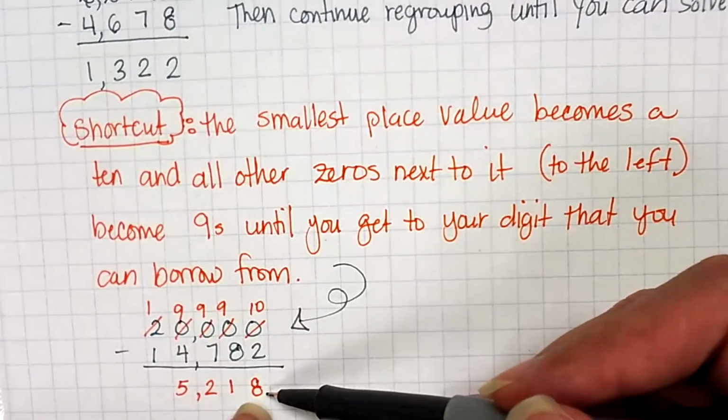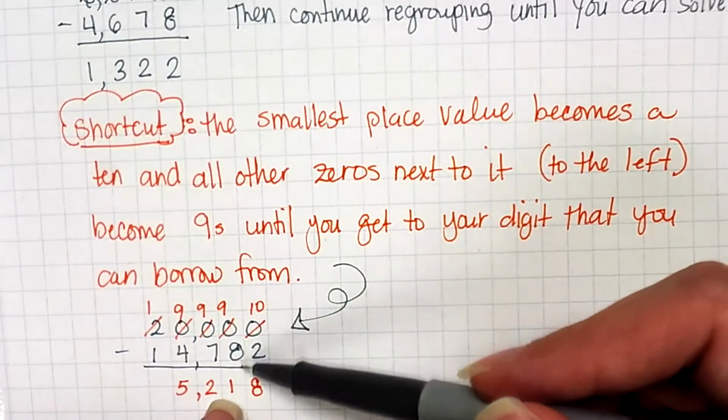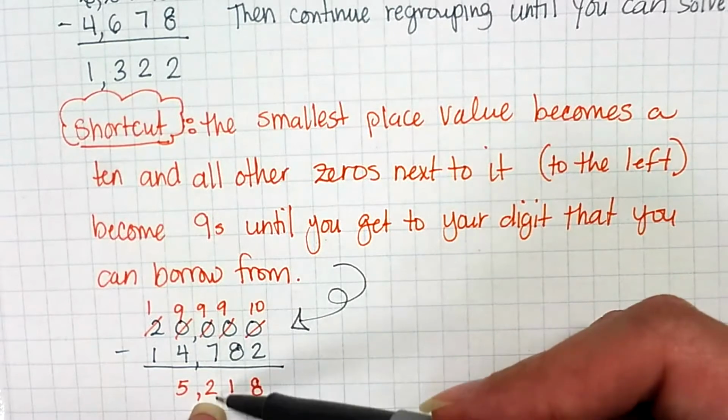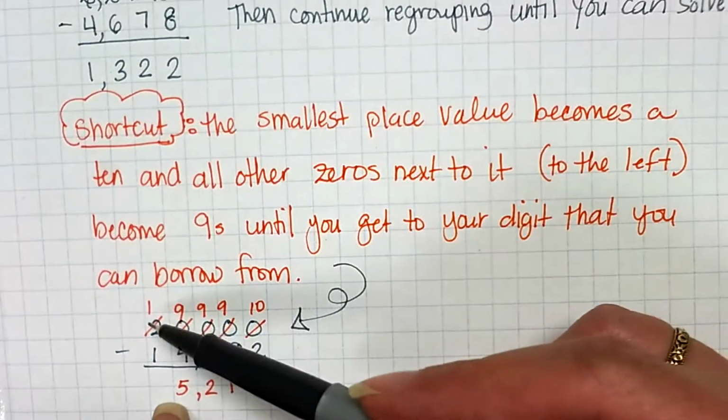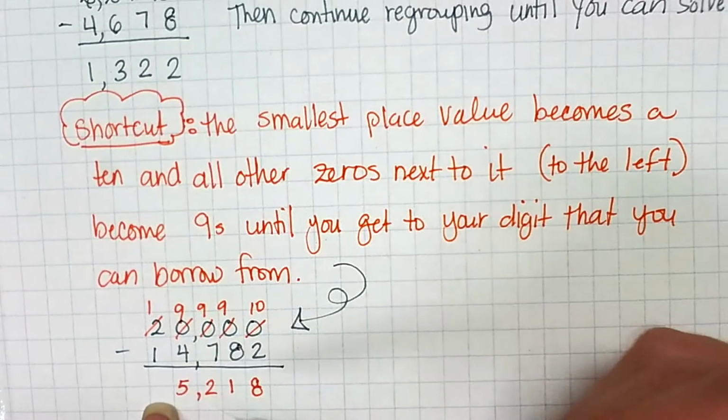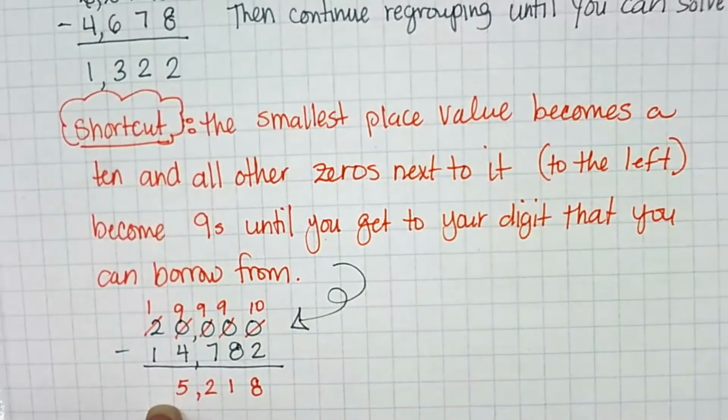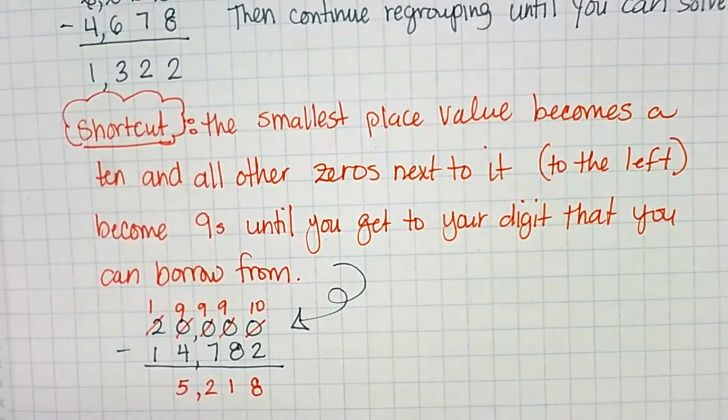So 10 take away 8 is 2. 9 take away 8 is 1. 9 take away 7 is 2. 9 take away 4 is 5. And then 1 minus 1 is 0. Since it's the largest place value and it has a 0 in it, we are not going to write that in. So next we're going to go into our guided practice.